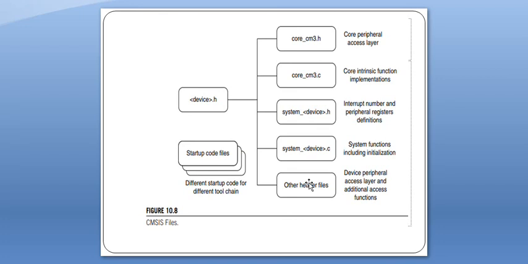Other header files we haven't used. I think we have used one more file which had those UINT definitions, its mode, everything was defined in it. Device.h has everything. This is your startup code. So this is your CMSIS file structure.